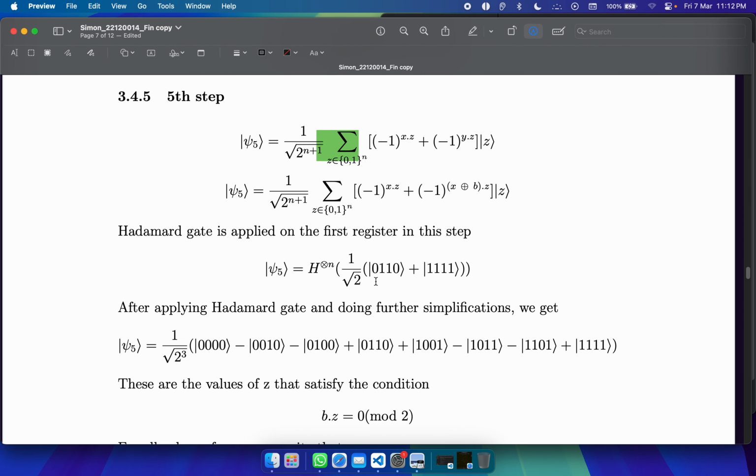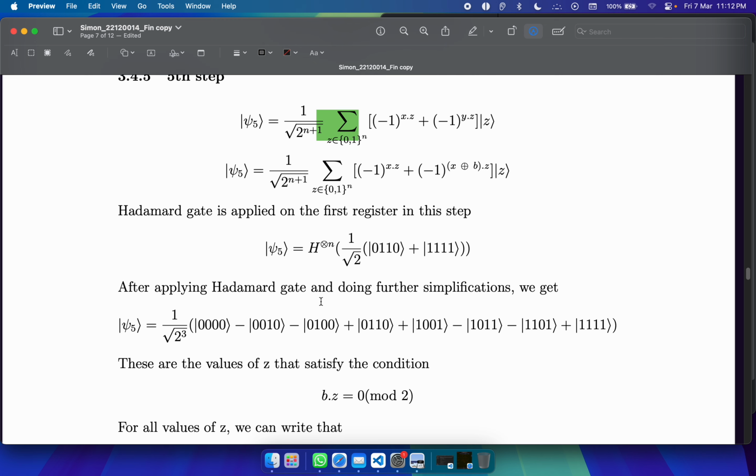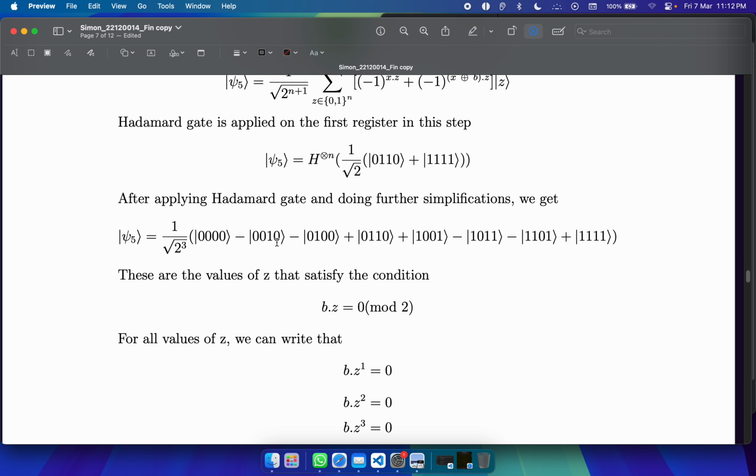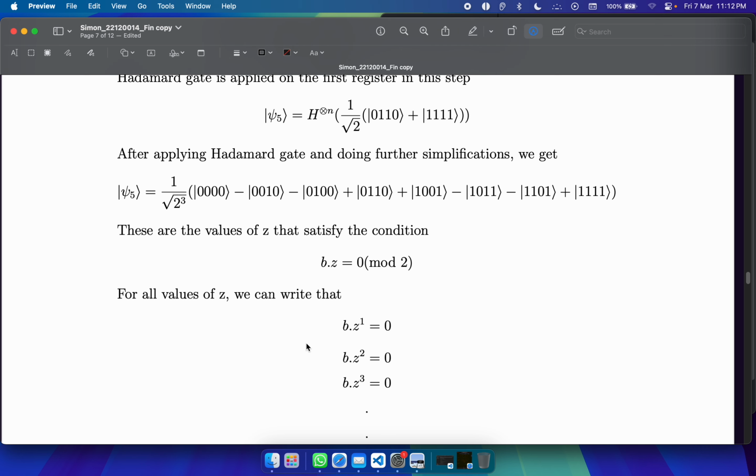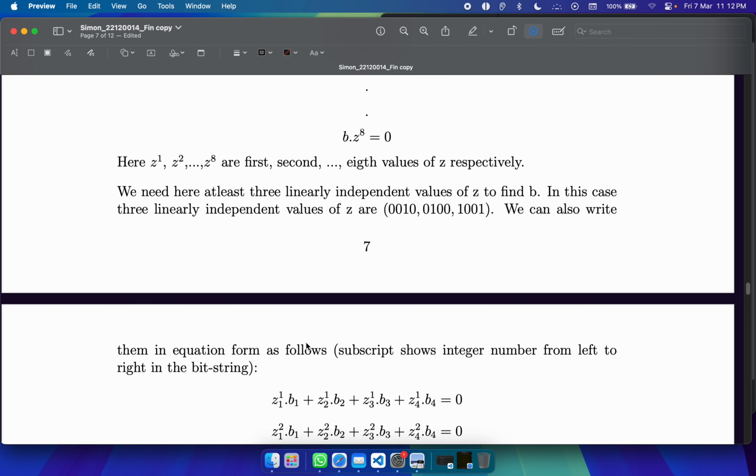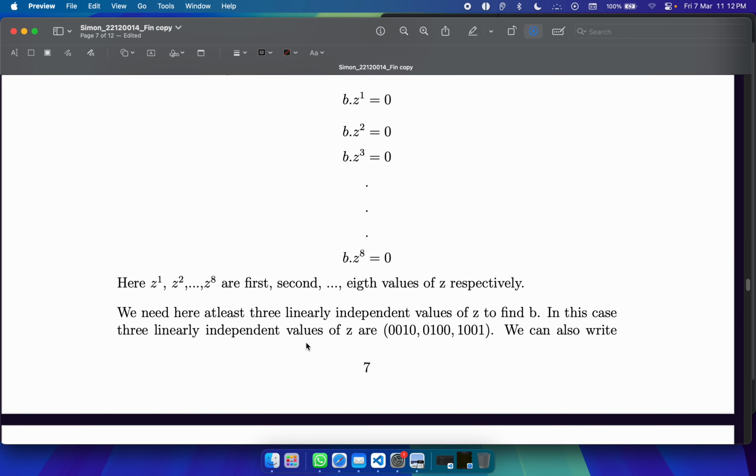So once we get that, of course we have the same drill, and we basically expand that in the next steps. Now you see that we have pluses and minuses, and these are the z's that you actually get. For these z's, we have a system of equations where b dot z equals 0, and we get 8 such equations because we have 8 such unknown bits.